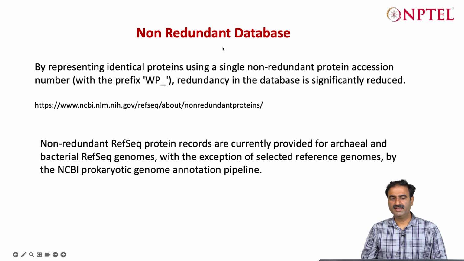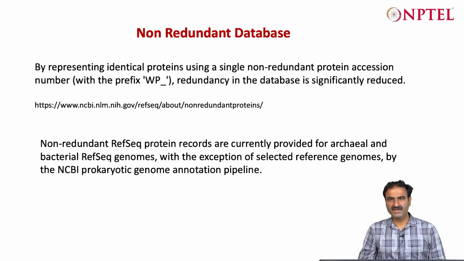Okay, then there is a term called non-redundant database. Basically, this non-redundant database you can create on your own, and this is also available at NCBI for download, with the BLAST tool. So non-redundant means something which is not repeated, or unique.